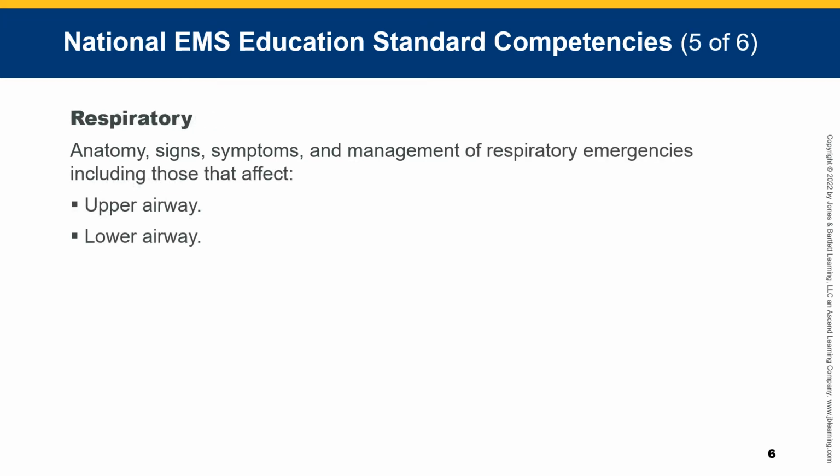We'll also be looking at the medical management of respiratory emergencies and looking at the anatomy, signs, and symptoms and management of respiratory emergencies, including those that affect the upper airway, which we talked about in Chapter 7, Airway Management, and the lower airway, which is covered in pages 209 and 210 in this chapter of your text.